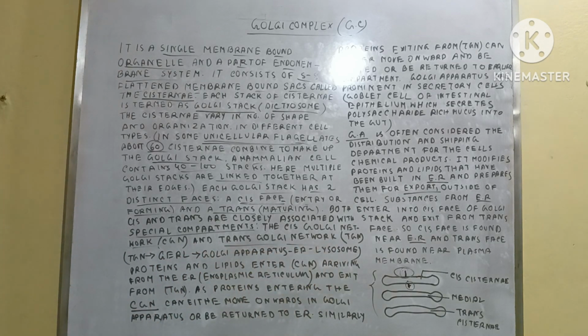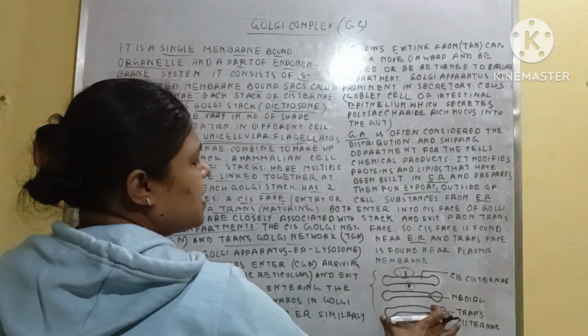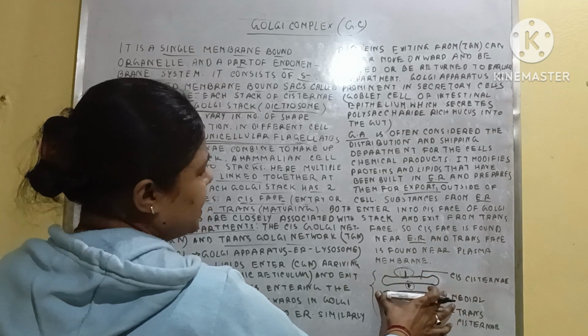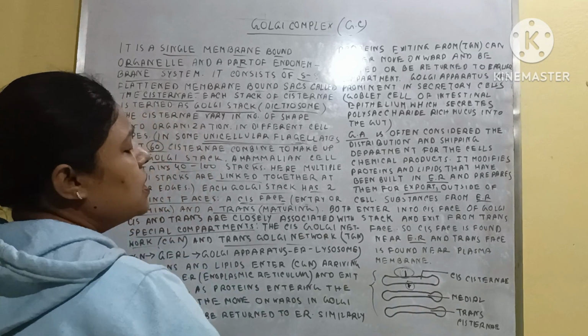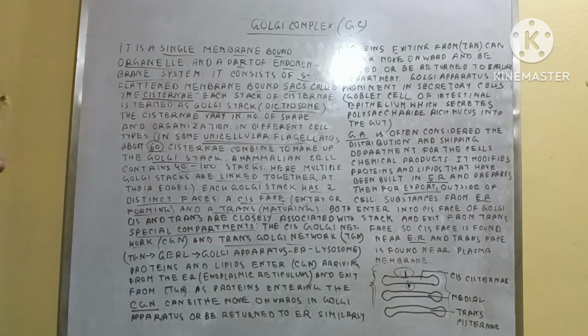The cis Golgi network and trans Golgi network. So it is saying that if this is considered the cis cisternae, this is the trans cisternae and this is the medial cisternae. These are present within the Golgi complex.